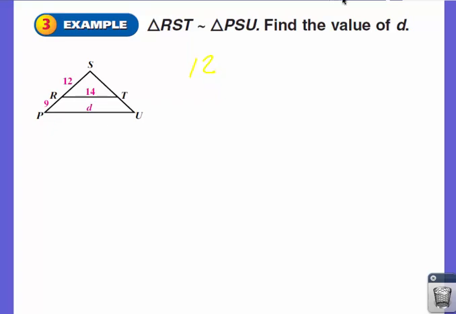If we do the small figure, which is 12, over the big figure, we know that that's the whole piece. So I got to put the 12 and the 9 together to give me 21 is equal to, so I did little figure, big figure. So little figure is the 14 over the big figure, which is the D.